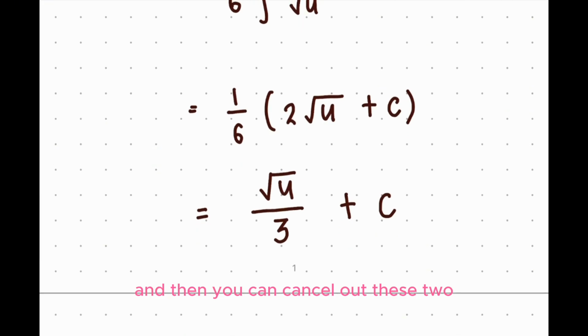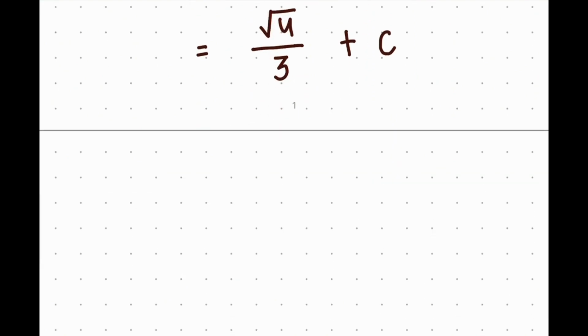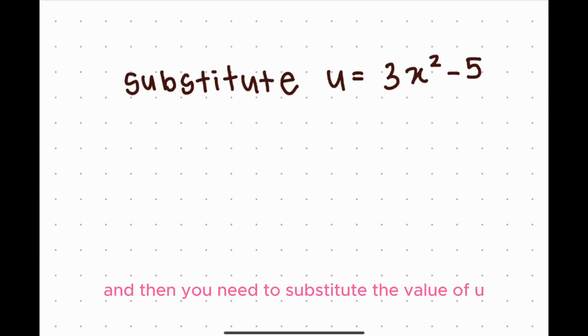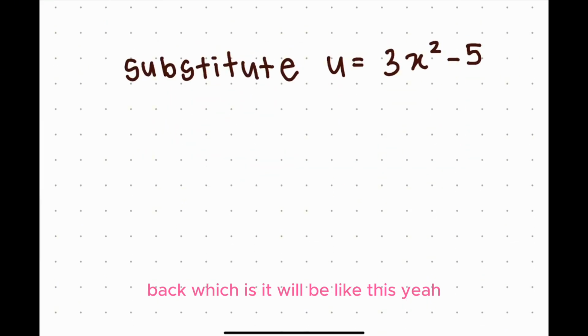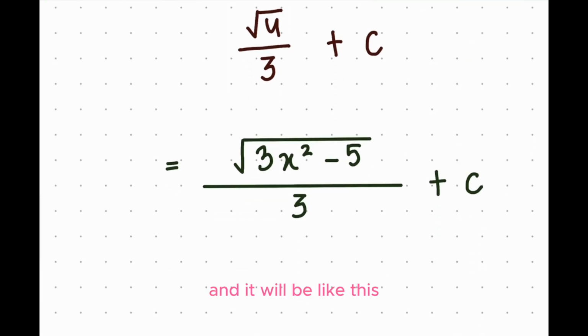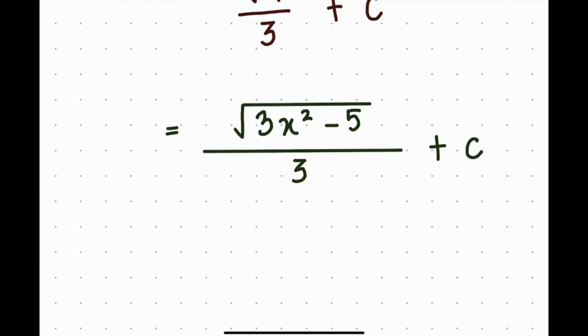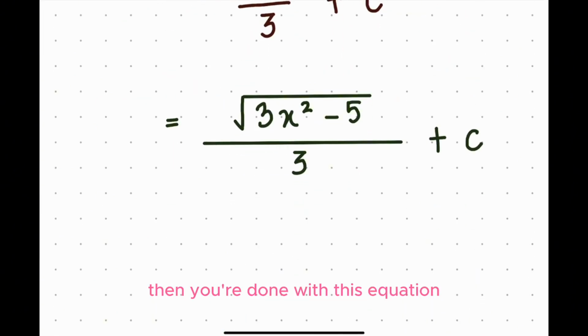Then you can cancel out these two, which will be 1, and then 3, and multiply, and you will get sec u over 3 plus c. Then you substitute the value of u back into this equation, and it will be like this. After you substitute it, you're done with this equation.